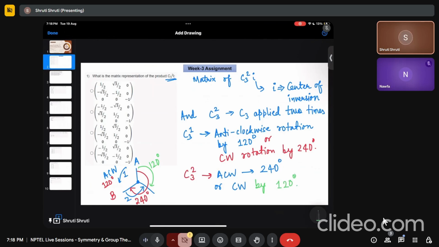Okay, so we are asked about C3 squared into I.